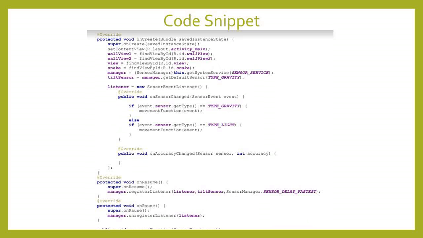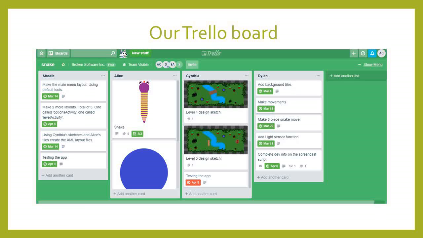The next screenshot is our Trello board. This shows each team member's name and what tasks they were given for this project. As you can see, Shoaib designed the menus.